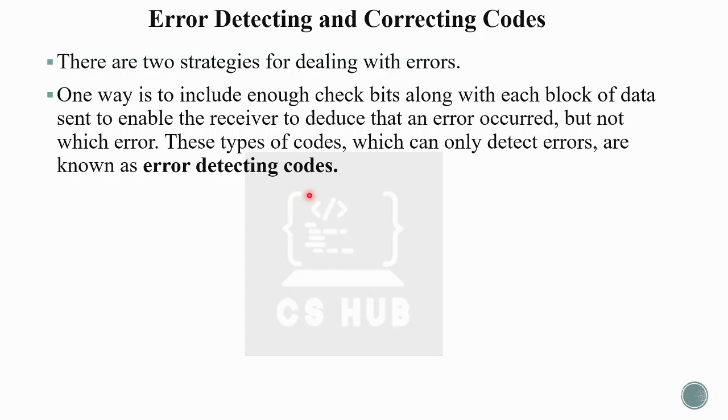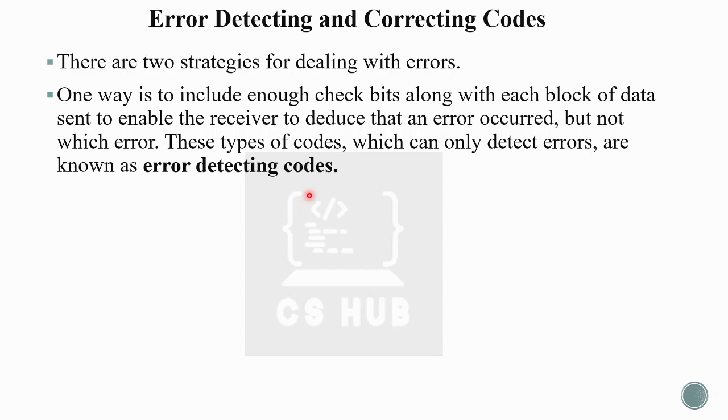So with the first 4 bits we are adding 2 extra bits, with the second 4 bits we are adding 2 extra bits, and for the third 4 bits we are adding 2 extra bits, which means we are adding redundant data along with the original bits, and these extra bits are included to deduce that an error occurred.